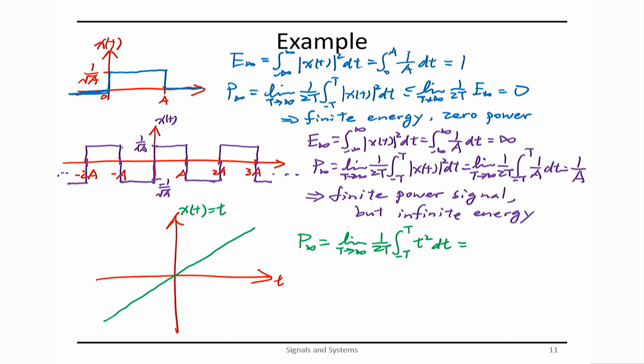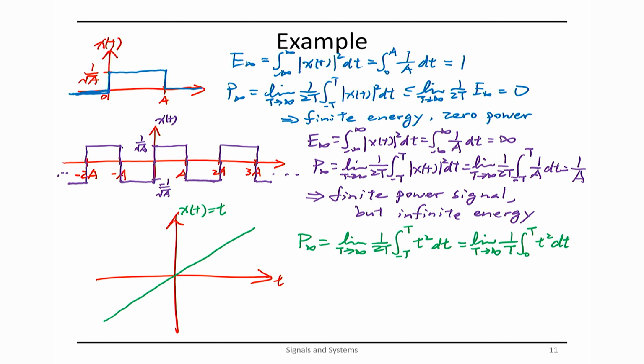Now, this t squared is symmetric about the origin, right? So we can compute this integral from minus T to T as 2 times the integral from 0 to capital T, right? Because it's symmetric, okay? So we can write this as the limit of 1 over T, integral from 0 to capital T of t squared dt. Okay.